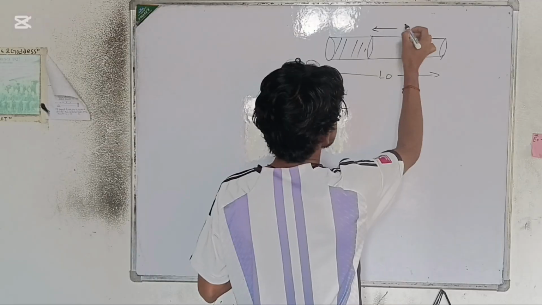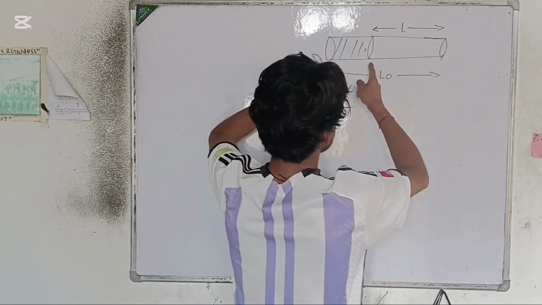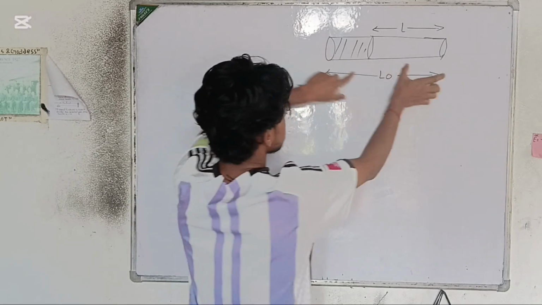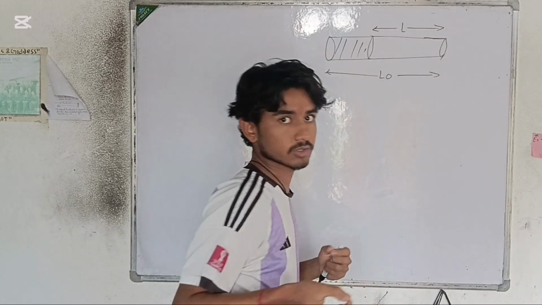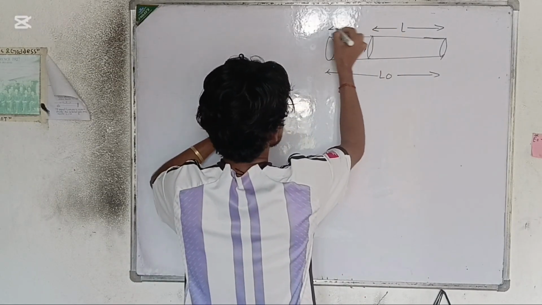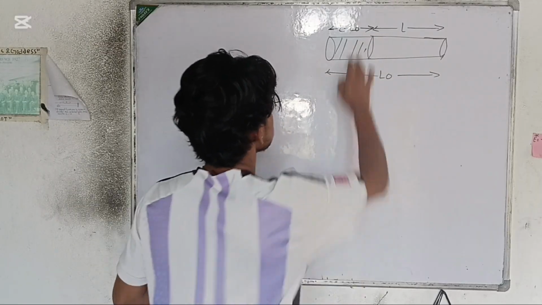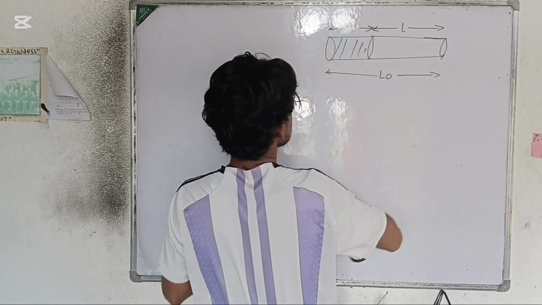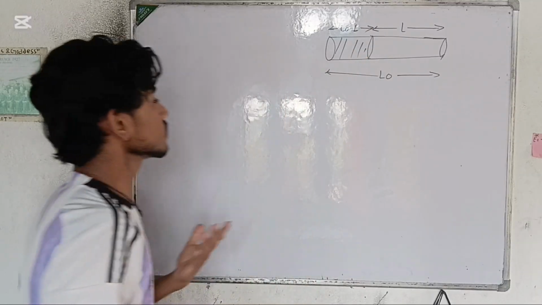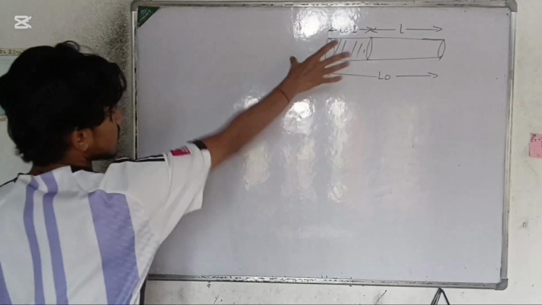Let this length be small l, because we are interested in this part, the thing that we want to measure. So the length smoked is going to be L naught minus l.